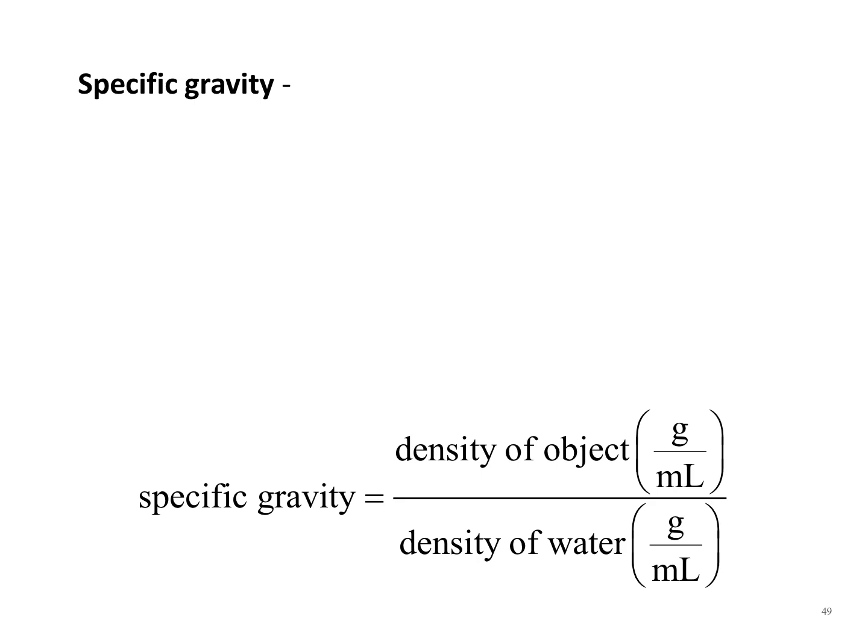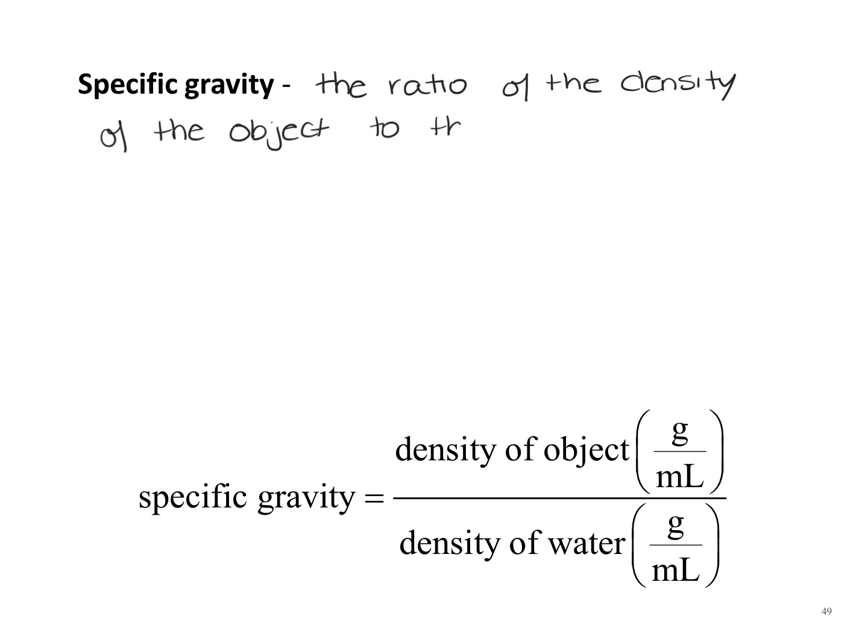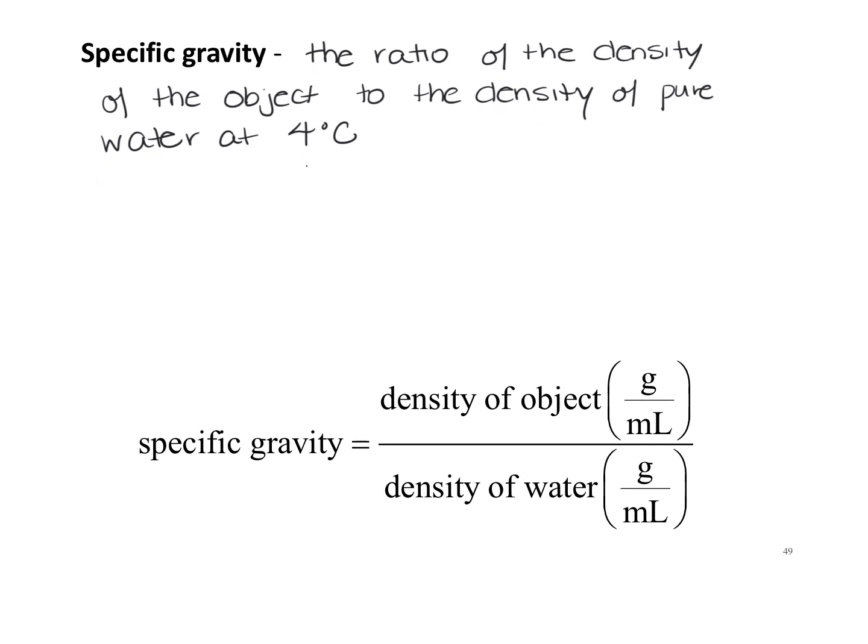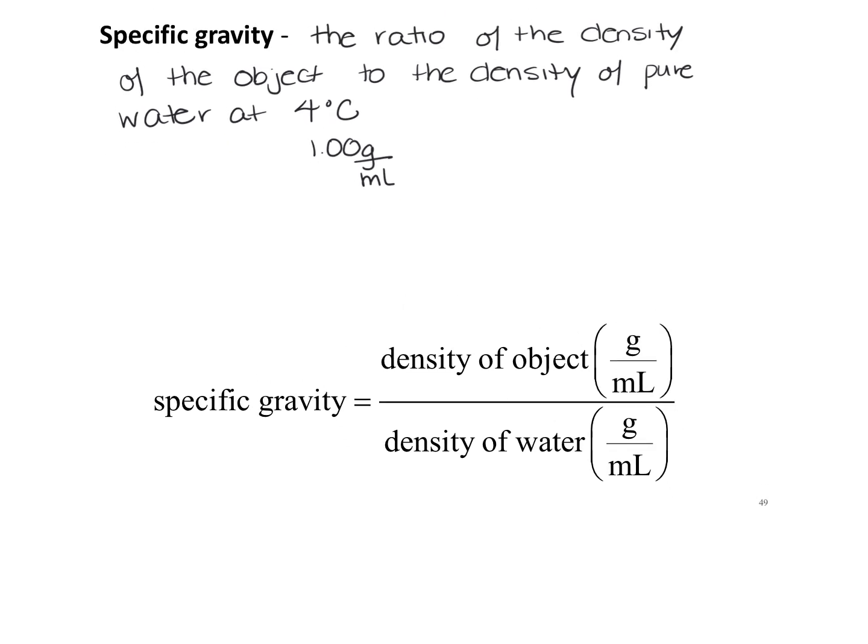So when we talk about specific gravity, it is the ratio of the density of the object to the density of pure water at 4 degrees Celsius. This is 1 gram per milliliter.